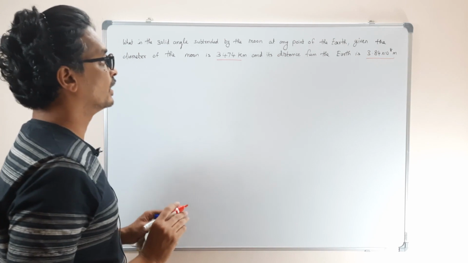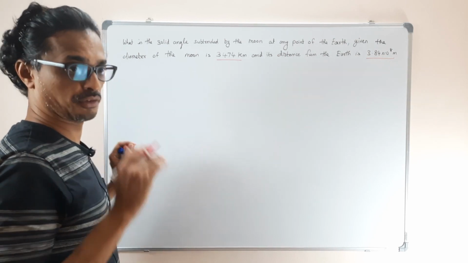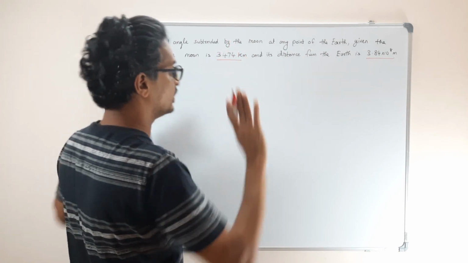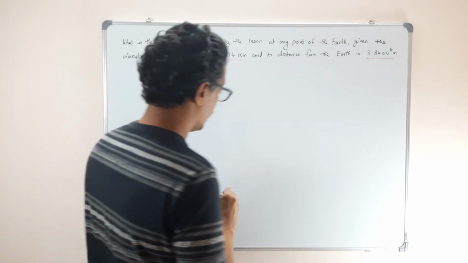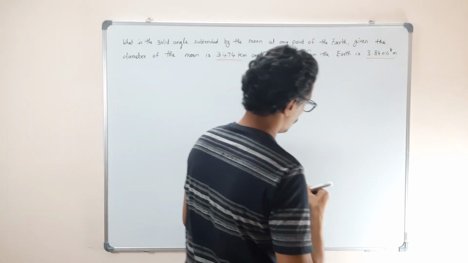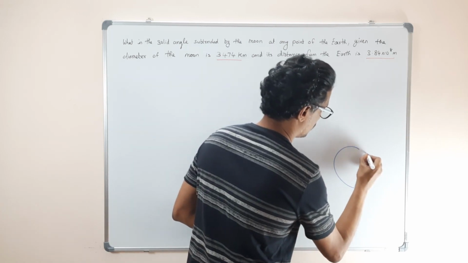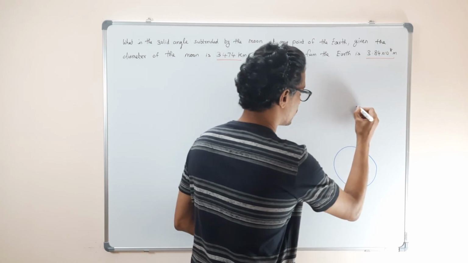So first let us understand what the question is. Given are the earth and the moon. Let me draw. Let this be the earth, and let this be the moon.